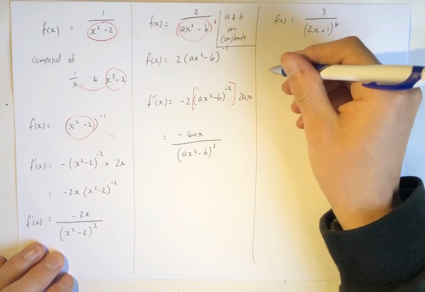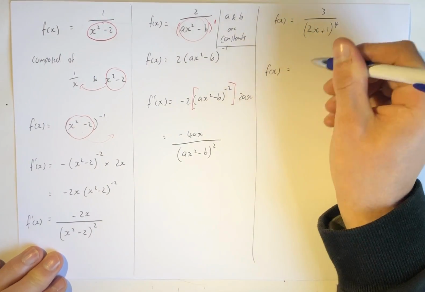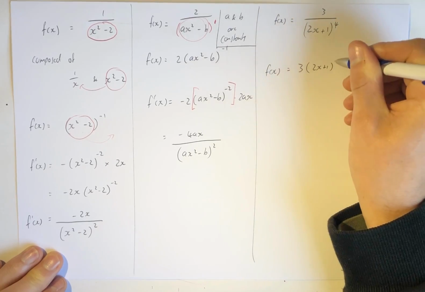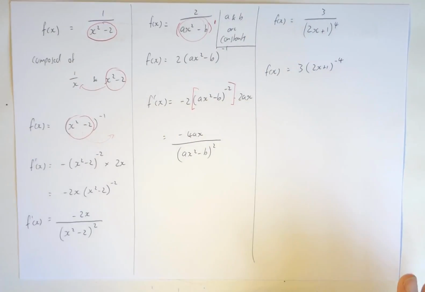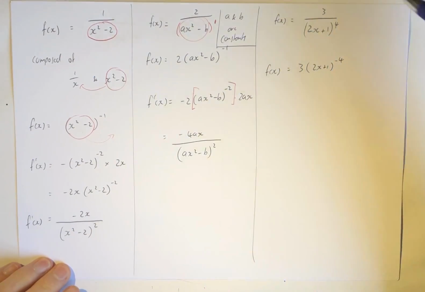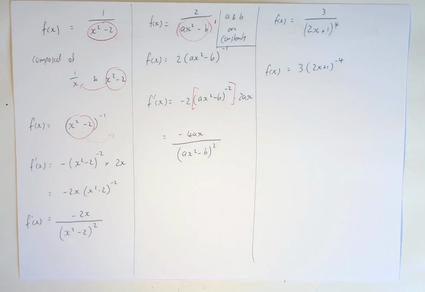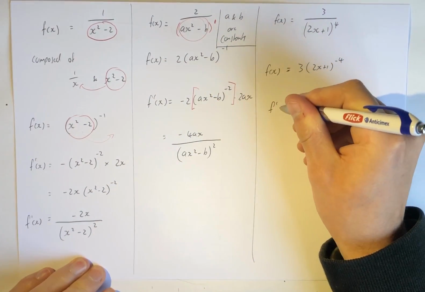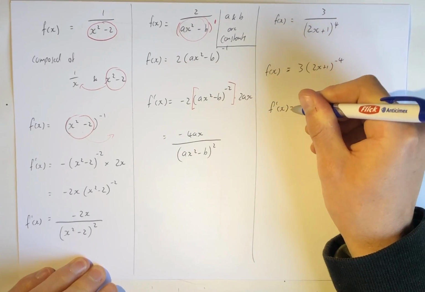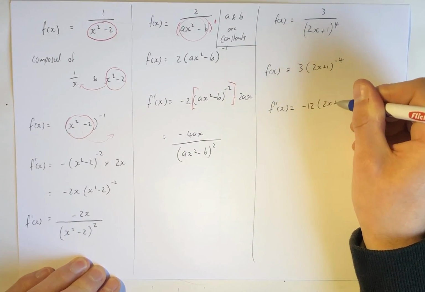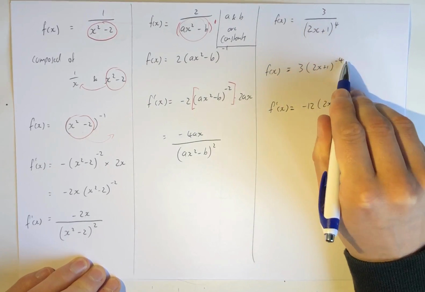Okay, this one now, f of x, well that's going to be 3 times 2x plus 1 to the negative 4. All I'm doing is rewriting it in power form instead of quotient form, so that I can manipulate the powers easily with the chain rule. So f prime of x, the first derivative, is going to be negative 12 times 2x plus 1. I've multiplied by negative 4.